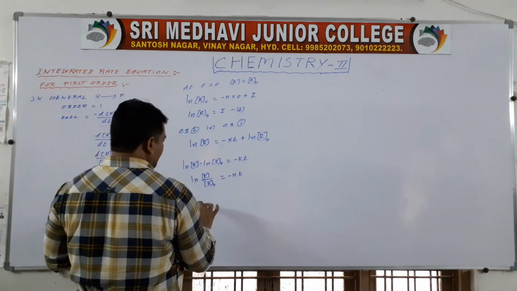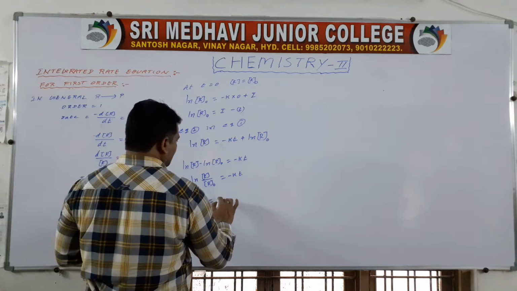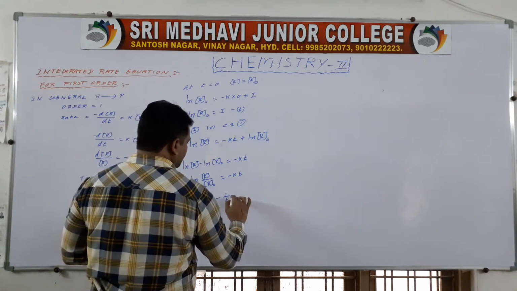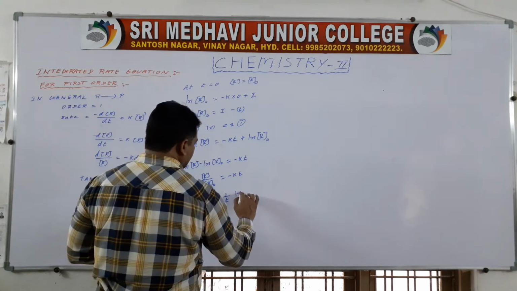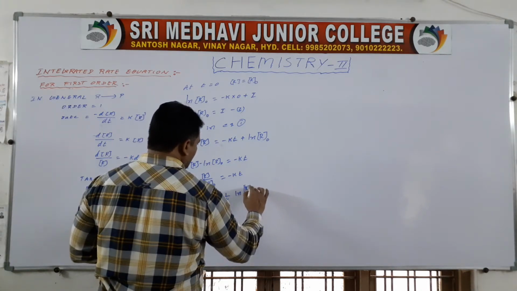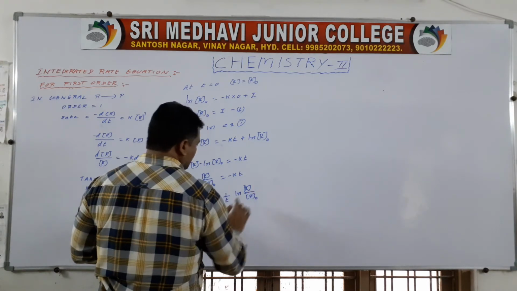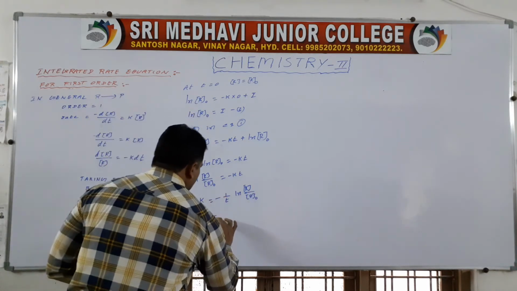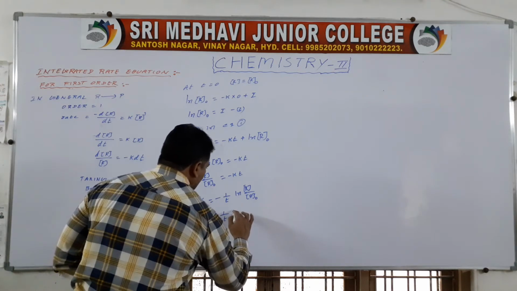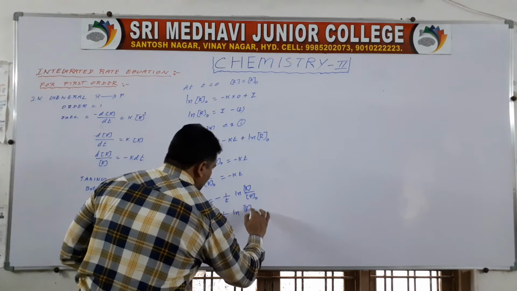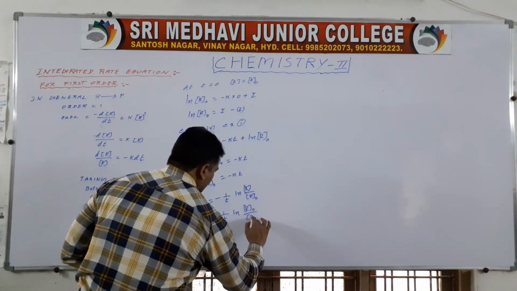Then to get k: k equals 1 by t natural logarithm of [R]0 by [R].